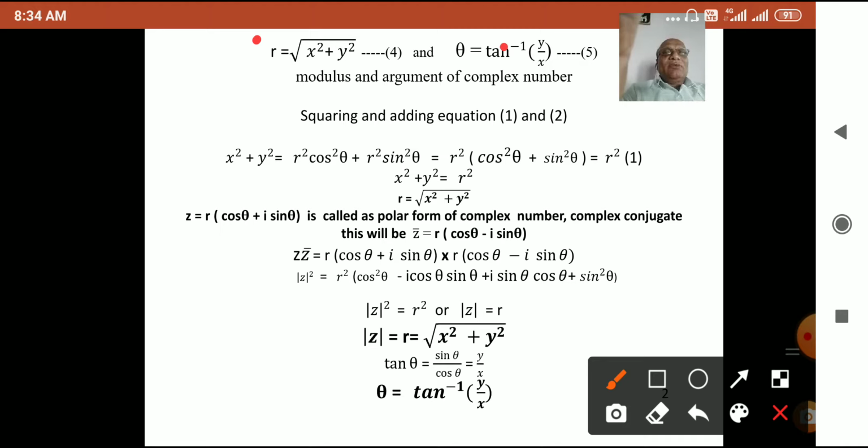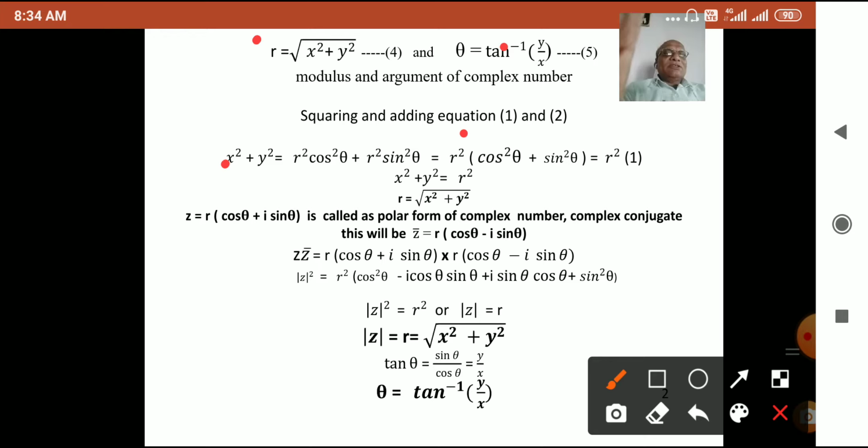Squaring equation number 1, that is x equal to r cos theta, and squaring equation number 2, that is y equal to r sin theta, and adding, we get x square plus y square equal to r square cos square theta plus r square sin square theta. Taking r square common, we write r square into bracket cos square theta plus sin square theta, which is equal to r square, because the value of this bracket is 1.